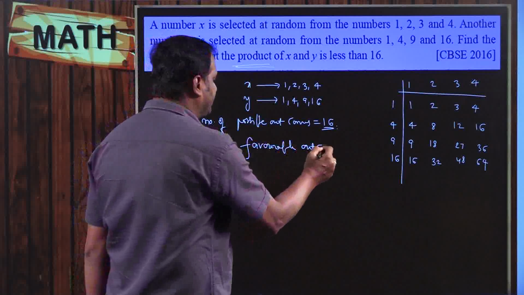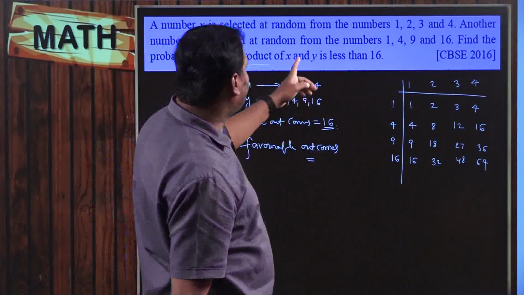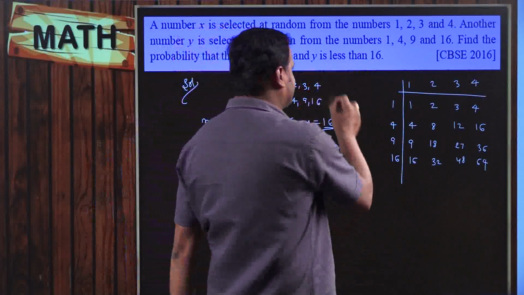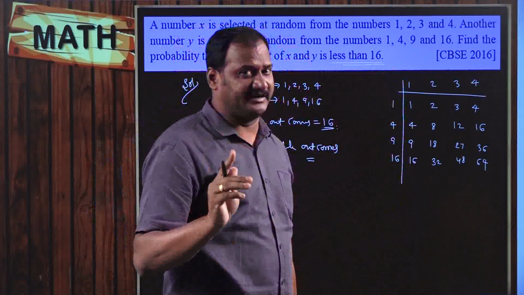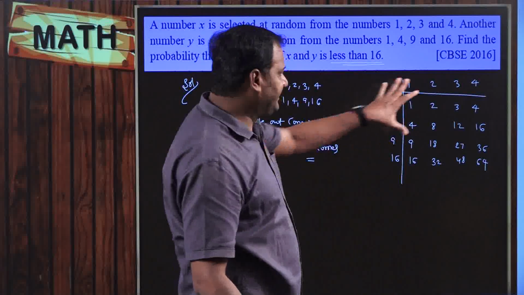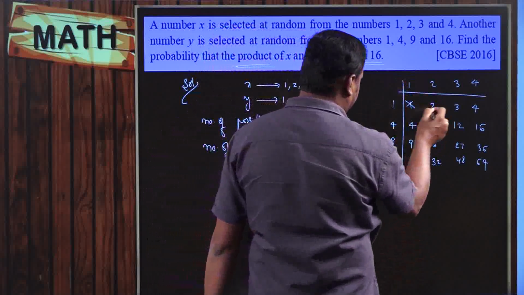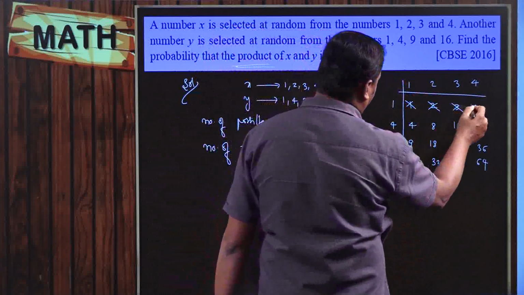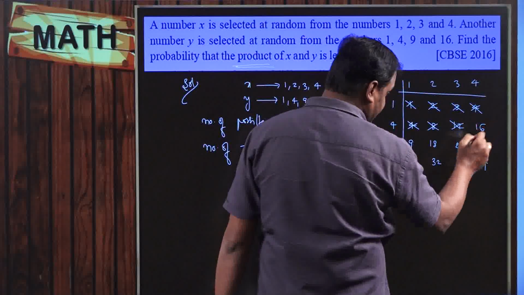Number of favorable outcomes according to the given condition is product is less than 16. Product is less than 16 means 16 will not be included. Less than 16. See, identify the numbers which are less than 16. See here, first number, second number, third number, fourth number, fifth number, sixth number, seventh number. You should not consider this.